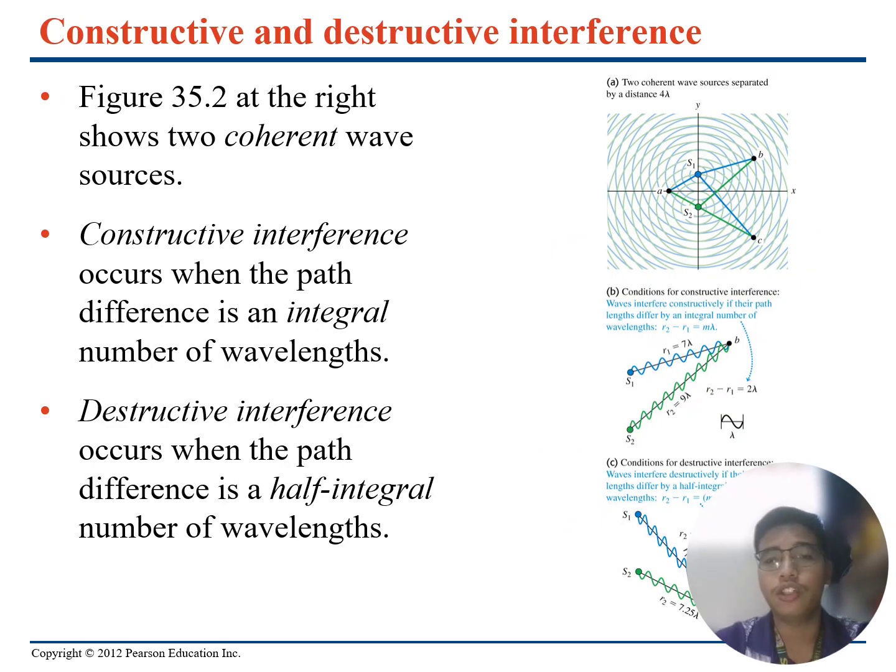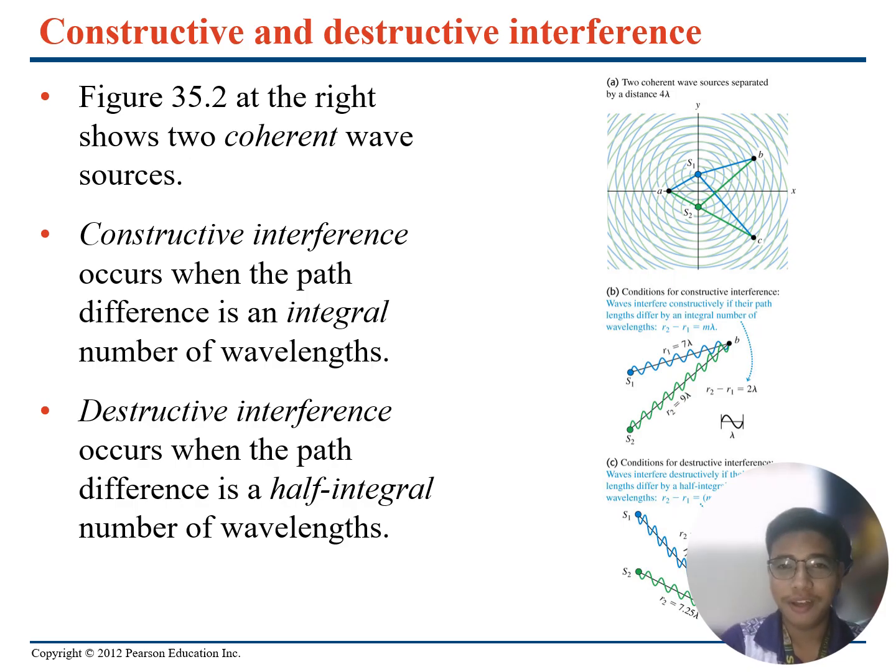Now that we understand superposition, let us explore the two primary types of interference. The first is constructive interference, which occurs when two waves arrive in phase. This means that the crest of one wave aligns with the crest of another wave, and the trough aligns with trough.